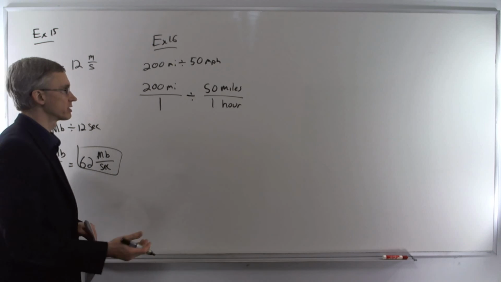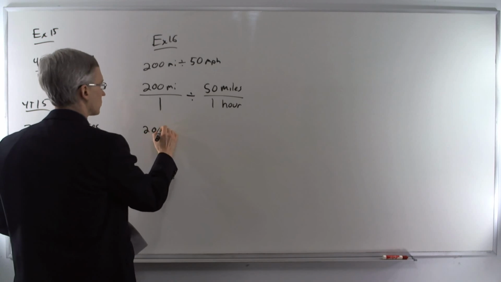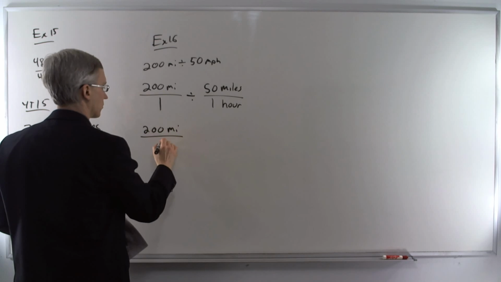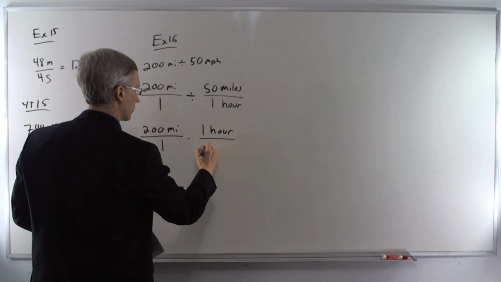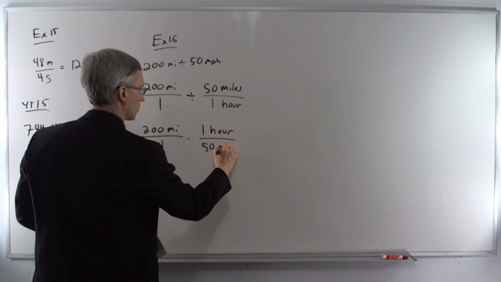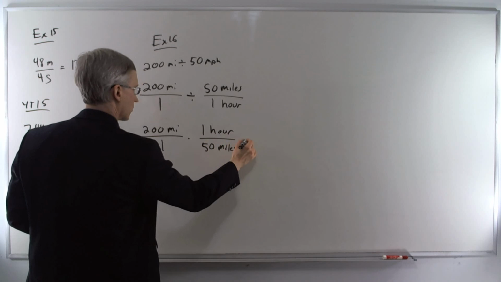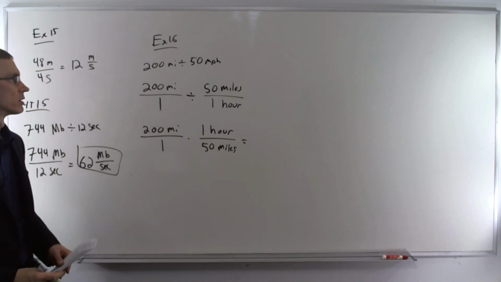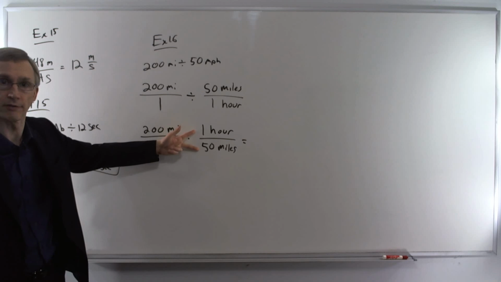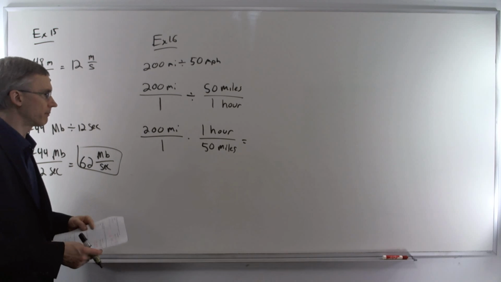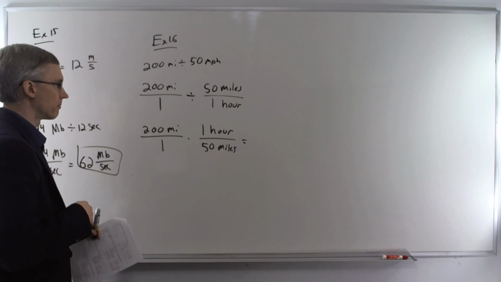Now we can convert this to multiplication. So division becomes multiplication, second fraction flips over. Now we've got matching units, miles.